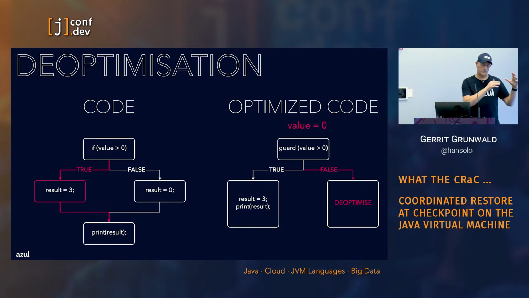So first the code will be optimized in a specific way, like for example, we have branch prediction. So the JVM figures out, oh, this is the most used way. We optimize the code in that direction. Suddenly the other way happens, and then it has to take the code, throw it away, and do the whole thing again. And you can imagine that if you have highly optimized code running, and suddenly you have to do interpretation, C1, C2 again, it's a performance hit, right?